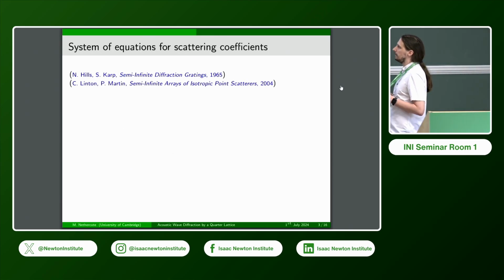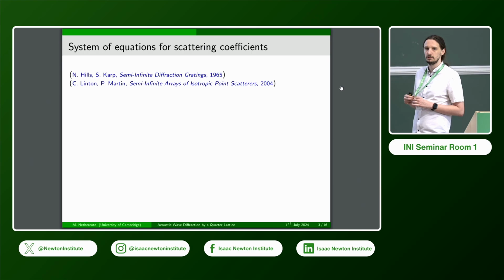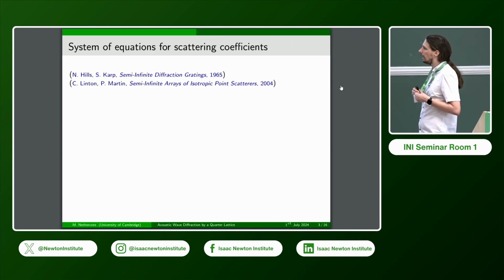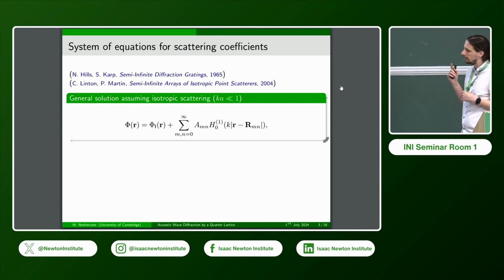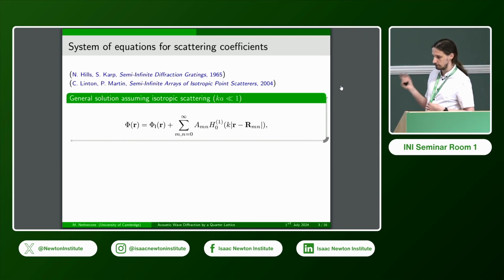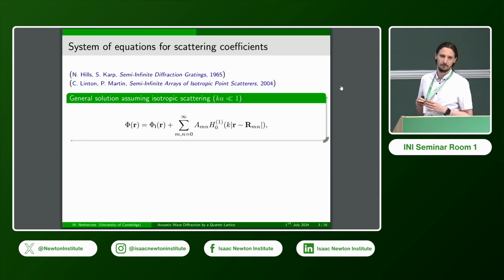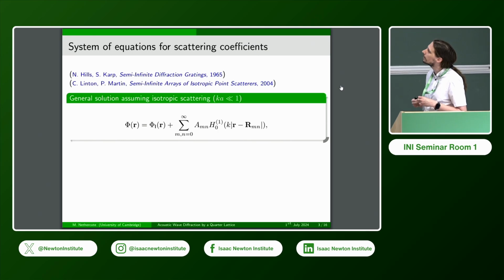So to start, we're going to be following the same procedure as was done in these 2 papers. We're going to assume that the scatterers are small in comparison to the wavelength. What this means is that we can liken these scatterers to isotropic point scatterers, and as a result, we're going to be using and abusing Foldy's approximation in this work.